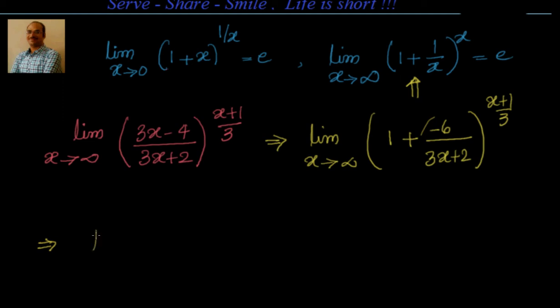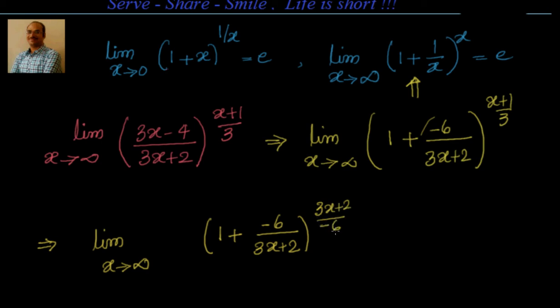For that, my next step will be limit x tends to infinity, 1 plus minus 6 divided by 3x plus 2, to the power of, I should have 1 by x, whatever I have, so I should have x. Can I say 3x plus 2 by minus 6?